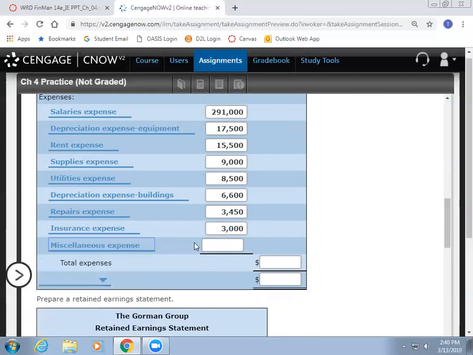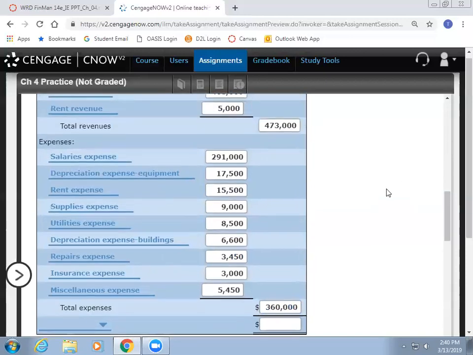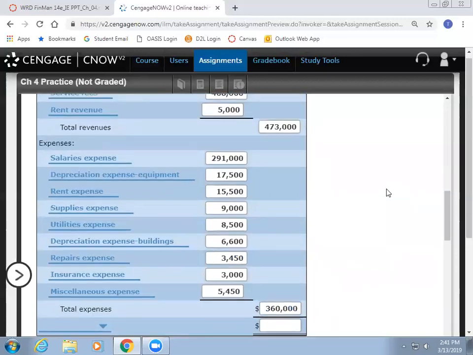And last, miscellaneous, $5,450. So again, miscellaneous is listed last regardless of its balance. And then we just add all of those up. And again, to save time, that's $360,000 for total expenses. So then we take total revenues minus total expenses.